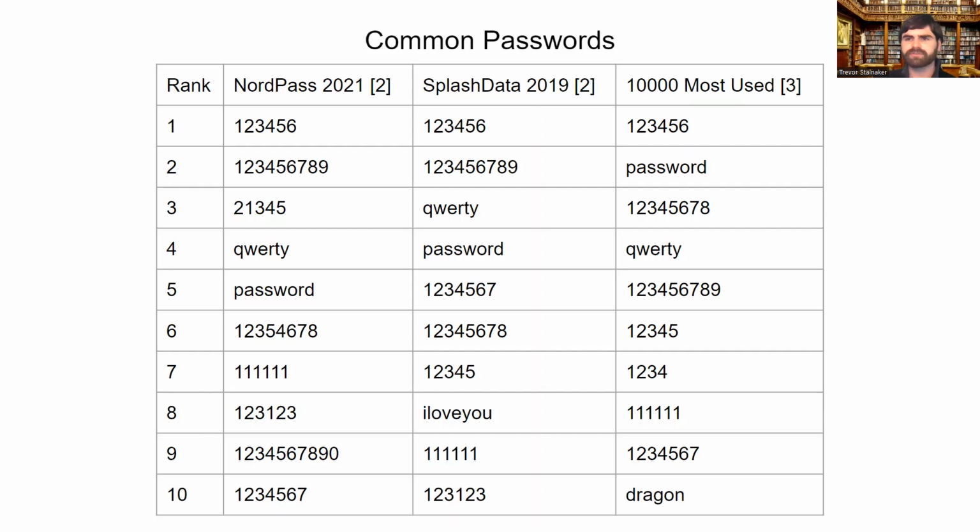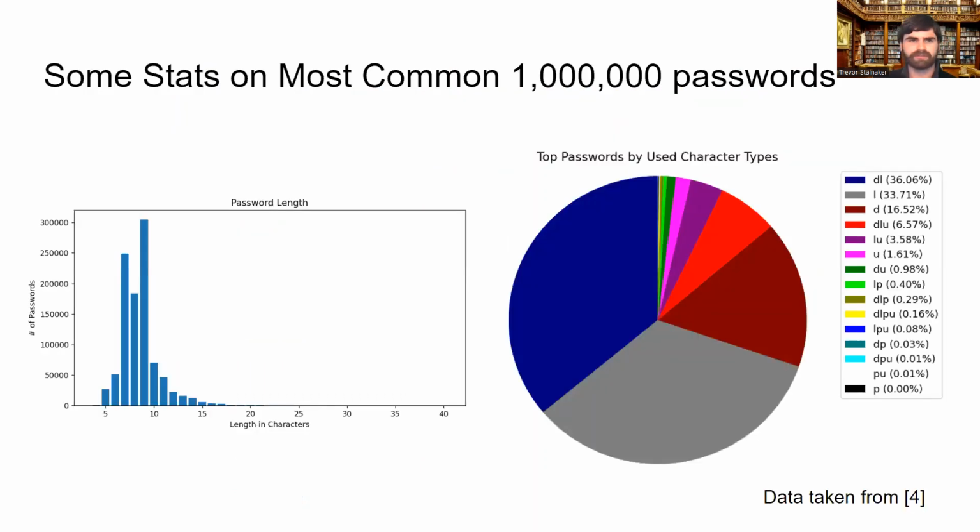So let's see if we can drill in a little bit deeper with these common passwords. There is a longer list that has the top 1,000,000 most used passwords. It's available on that same GitHub site. So what I did was I took that and did a little bit of processing on it, using Python, and just read through it.